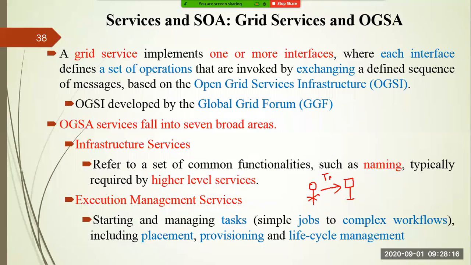Starting from the beginning of a task to its completion, everything is managed by the execution management services. A job is a set of tasks. If you decompose the job into multiple parts, they are called tasks, and if you decompose each task further, you call them subtasks.